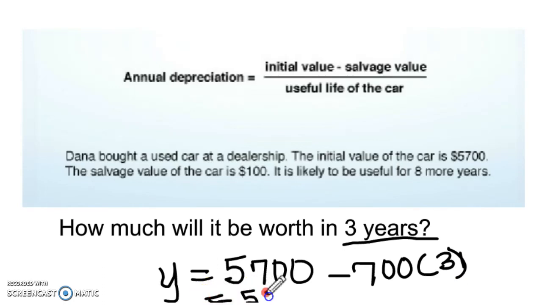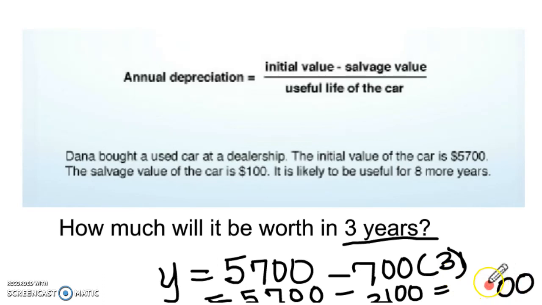That would be 5,700, and 700 times 3, that's $2,100. So our car will be worth, 7 minus 1 is 6, 5 minus 2 is 3, $3,600.